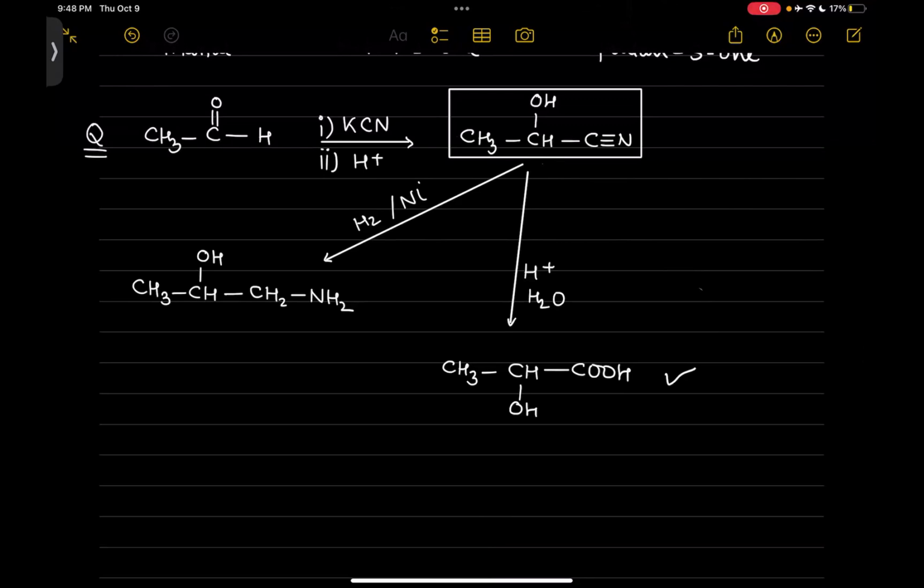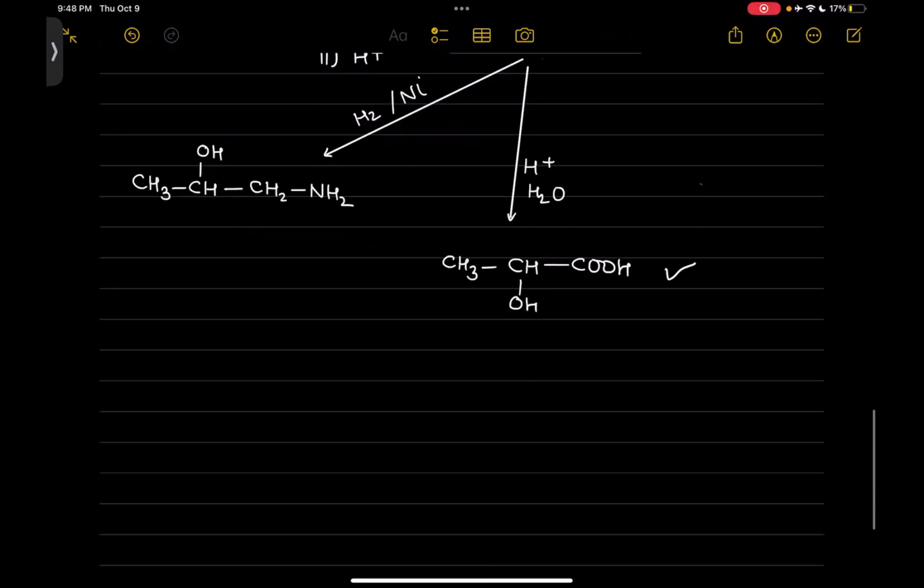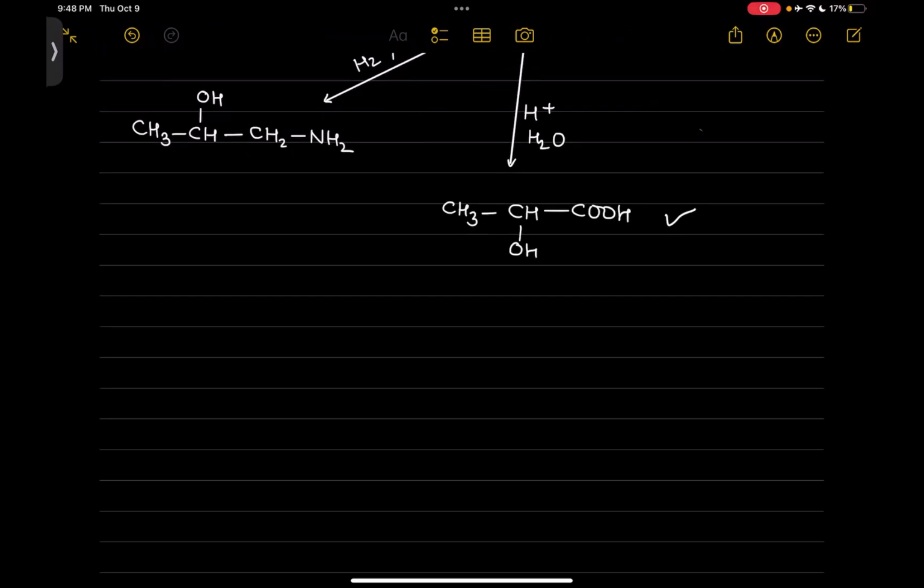Next, we are going to move towards the nucleophilic addition of NaHSO3.